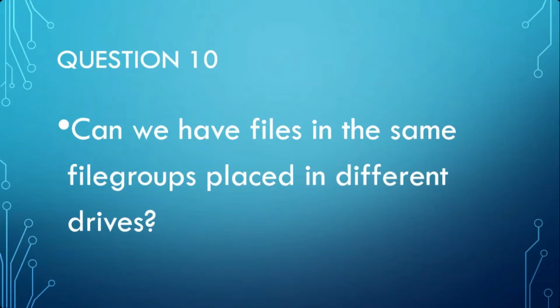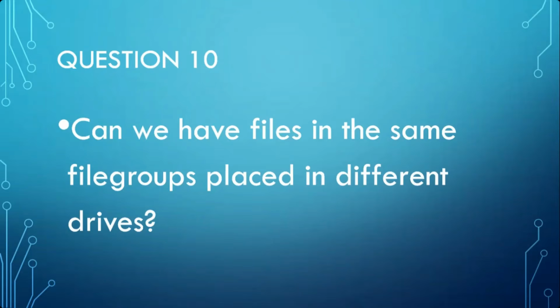But as a good practice, usually we will have multiple files on different drives in one file group, so that if a table data is being stored and one drive is full, the table data further when it has to get stored will go to the other drive. And usually they will follow what is called as proportional fill strategy.